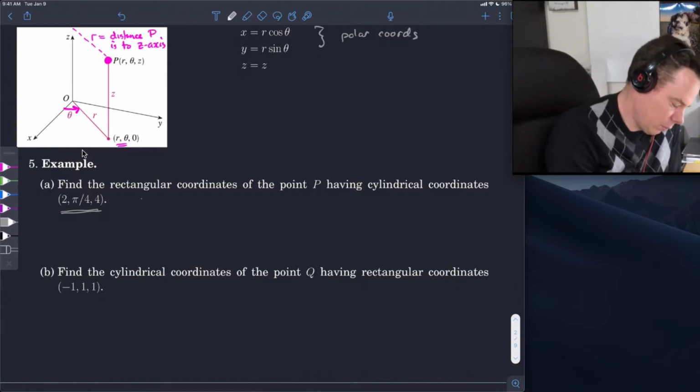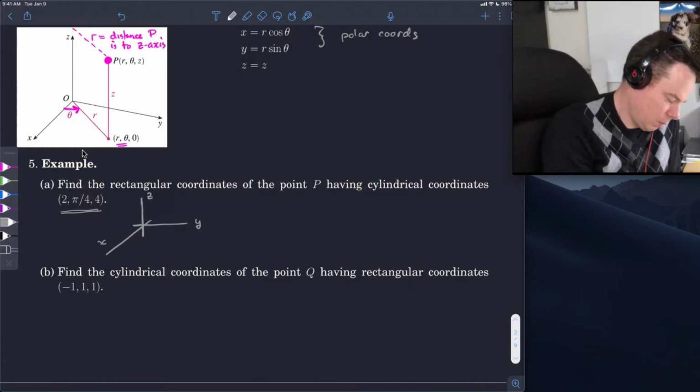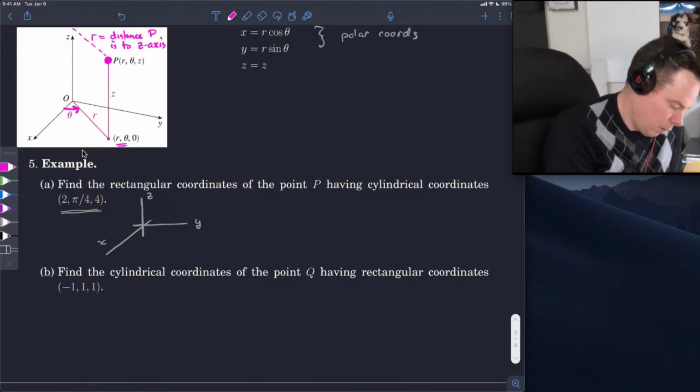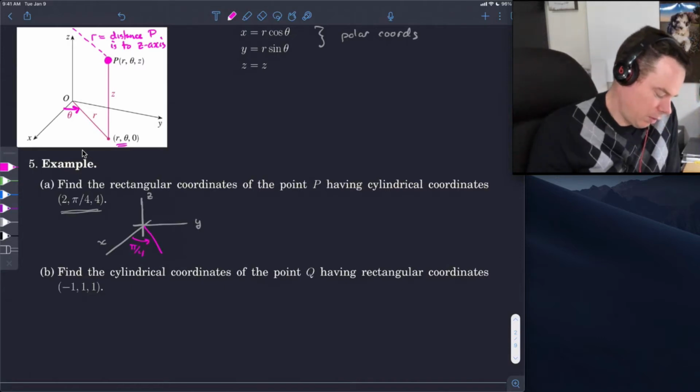So let's get a feel for where this point's actually sitting. So it's got an angle of pi by 4. Maybe I'll just indicate that we're looking at our regular rectangular coordinate system, x, y, z. We've got an angle of pi by 4. So there's our angle of pi by 4. That's our theta value.